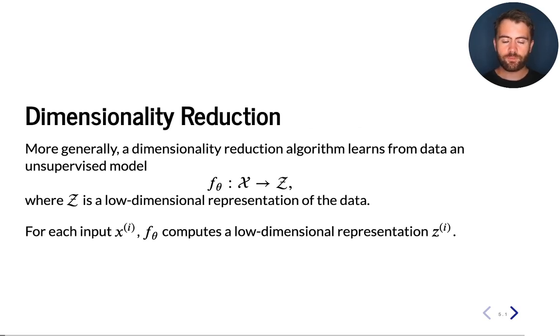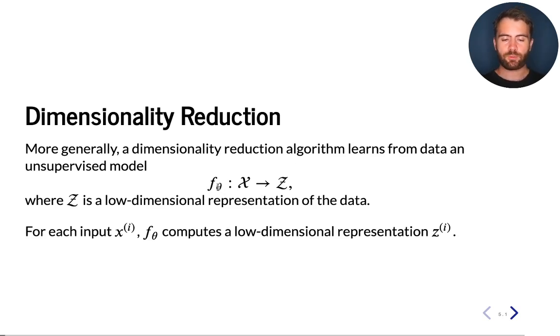So more formally, we can define the problem of dimensionality reduction as an unsupervised learning problem in which we are trying to learn an unsupervised learning model of the following form. Here the model is denoted by f.